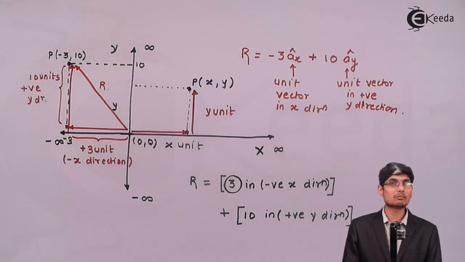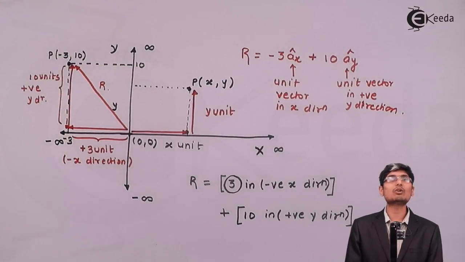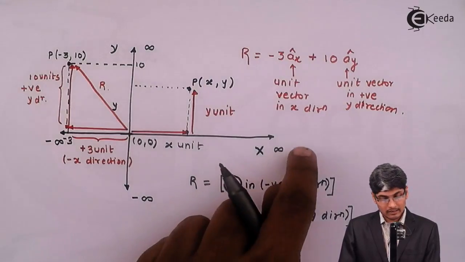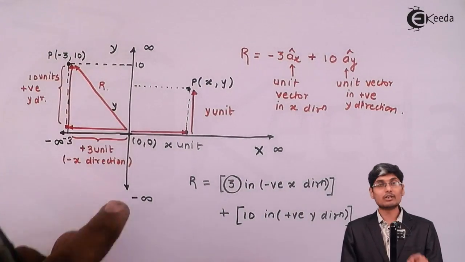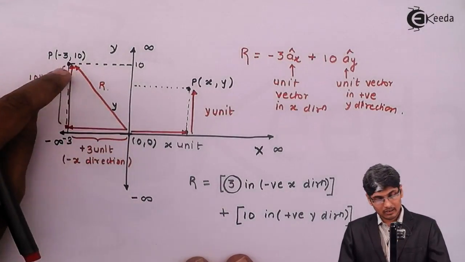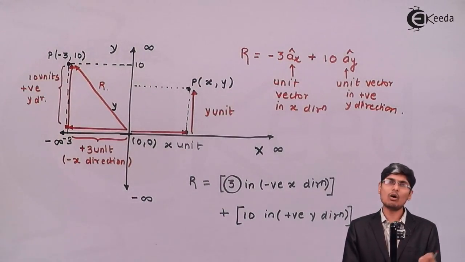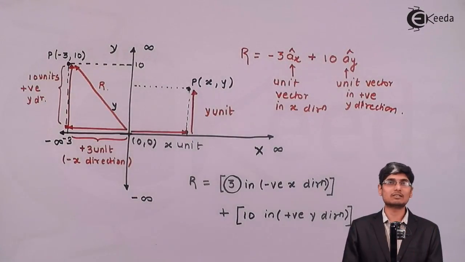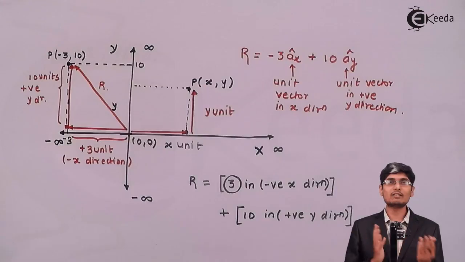What does normal mean? Perpendicular. Perpendicular means orthogonality. That means this coordinate system is also perpendicular: the x-axis is perpendicular to the y-axis. So I can resolve a vector into its perpendicular components, or I can say the addition of the components gives me the resultant. Both are one and the same.